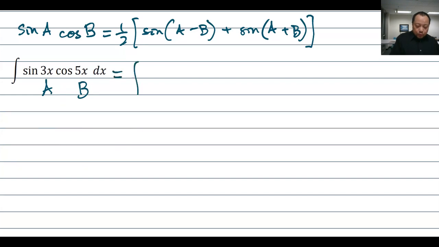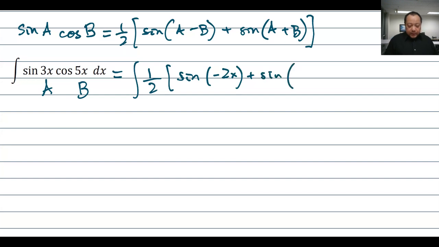I use this formula, so it's equal to 1/2 times sine of A minus B. 3x minus 5x is negative 2x, plus sine of 3x plus 5x is 8x dx.